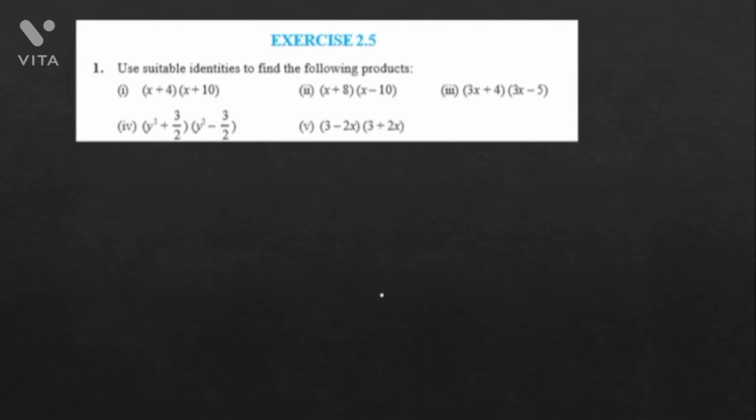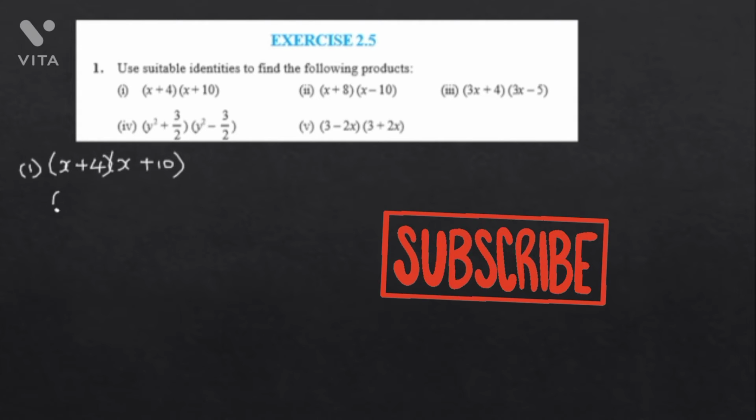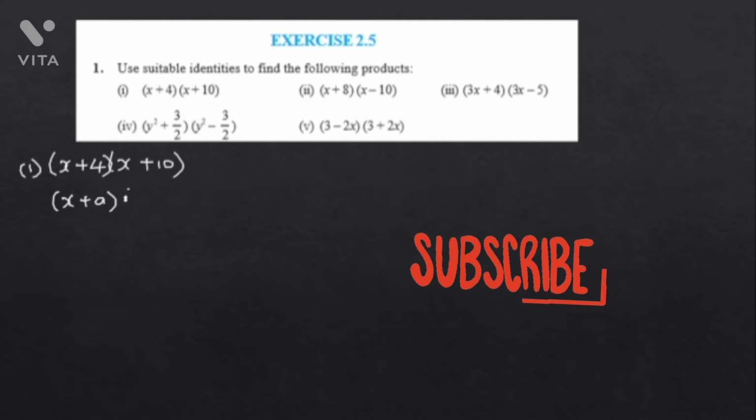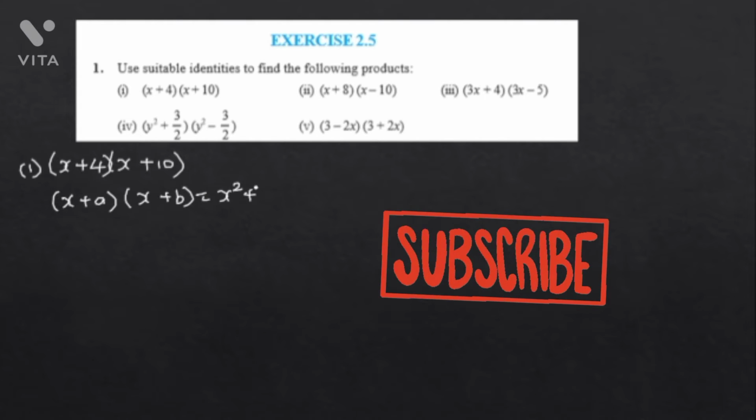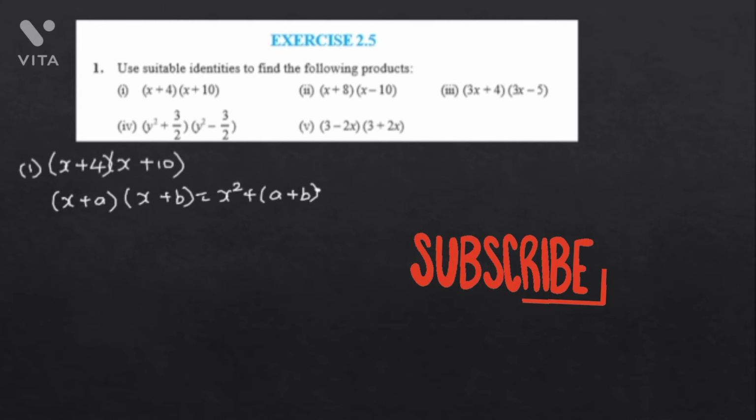The first question, use the suitable identities to find the following products. First subdivision, (x + 4)(x + 10). This resembles (x + a)(x + b) = x² + (a + b)x + ab.